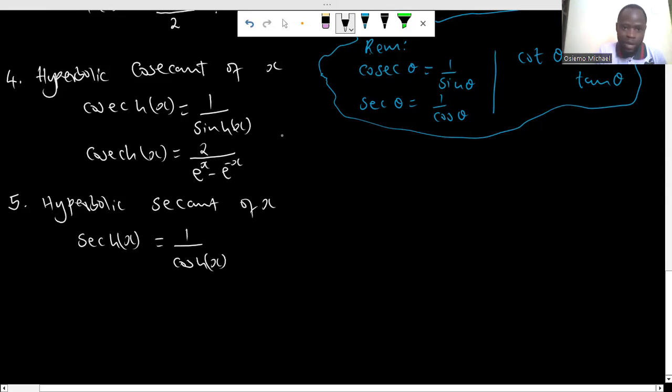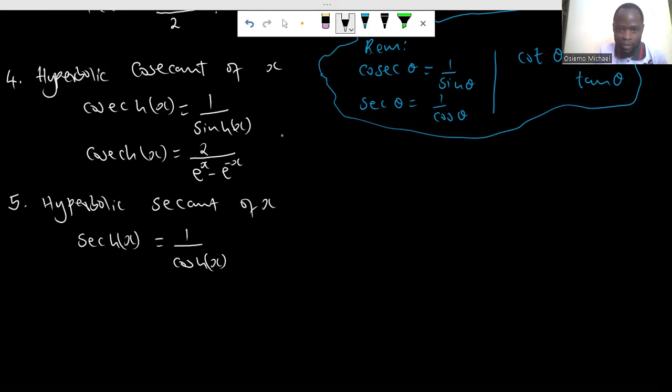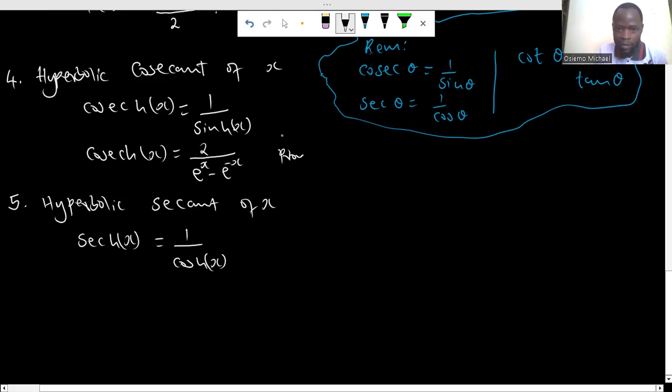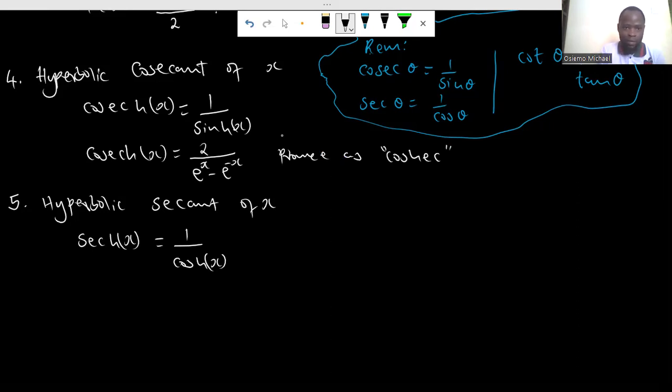Now, for this one here, we read it as cosech, or maybe you pronounce it as cosech. So you can say the cosech of x. That would mean the cosecant hyperbolic of x.